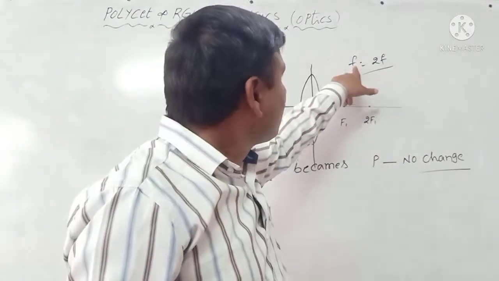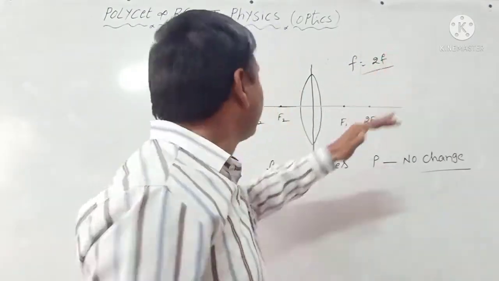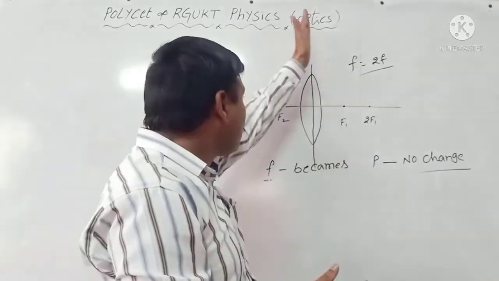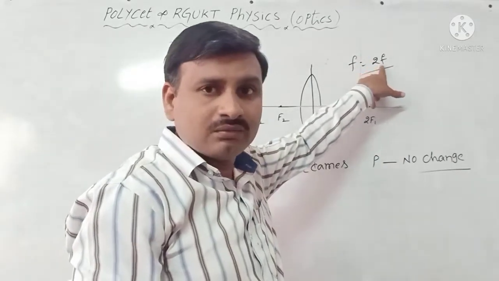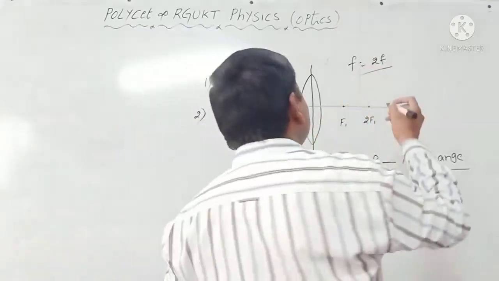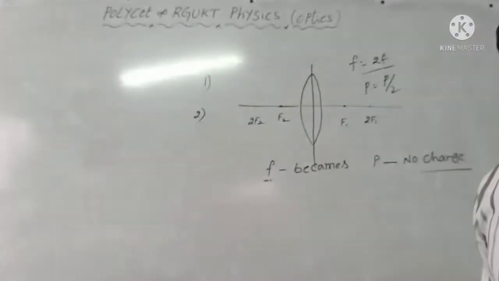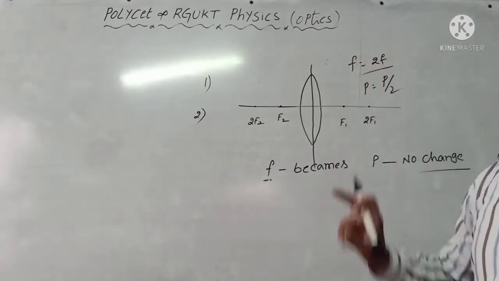That means the focal length is double. When a convex lens is cut into two equal halves along the vertical axis, the focal length is double. So double means P is equal to half, P by 2. It is an important point.